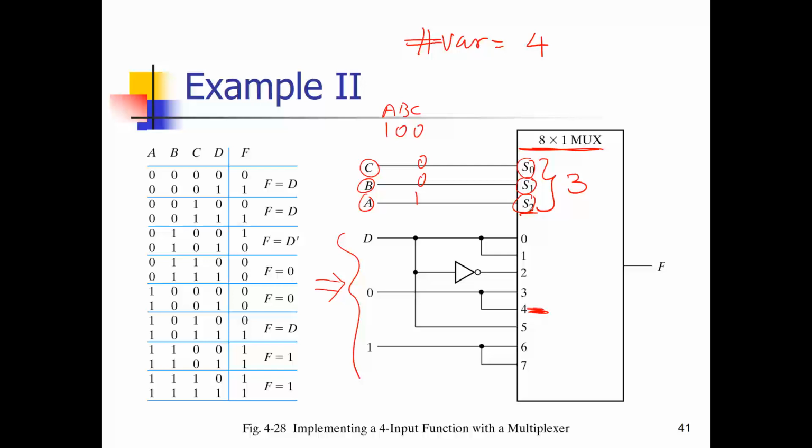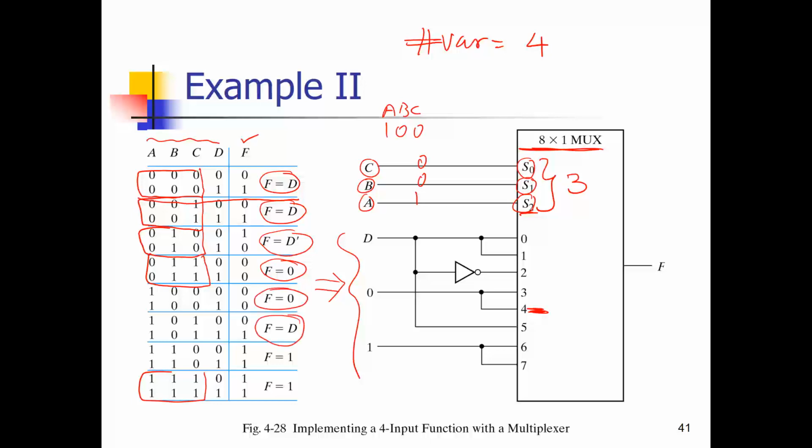So A, B, C. Now, what we do here, we similarly construct the truth table. This is my input, this is my function, and then I divide my table based on ABC equals 0, 0, 0, and ABC equals 0, 0, 1, and ABC equals 0, 1, 0, and ABC equals 0, 1, 1, etc. And in every subsection, I evaluate. So here in this subsection, F equals D, D, D prime, F equals 0, like we have done in the previous example.